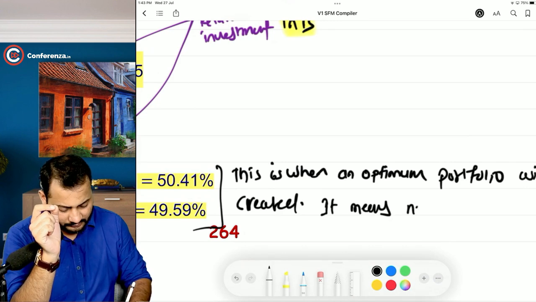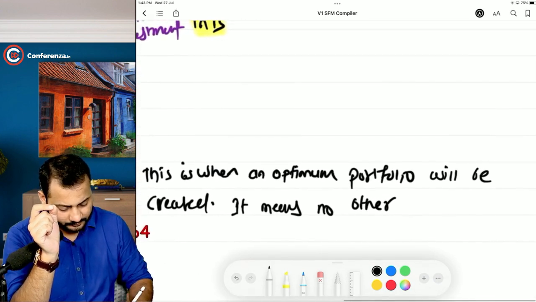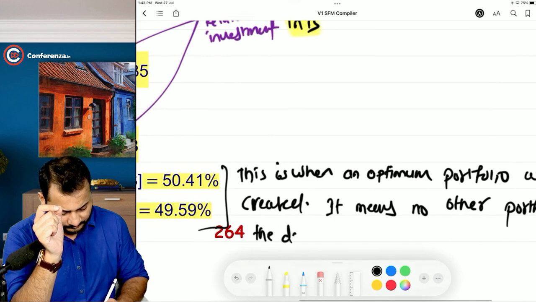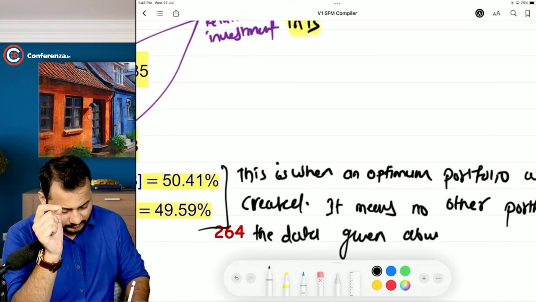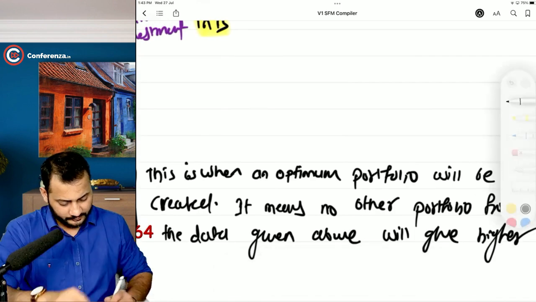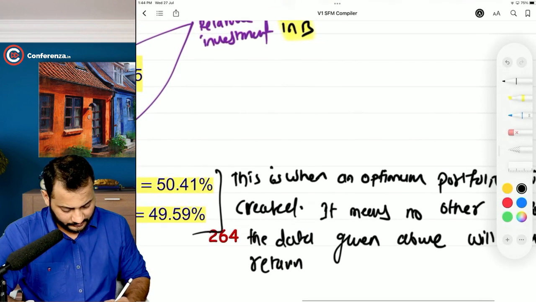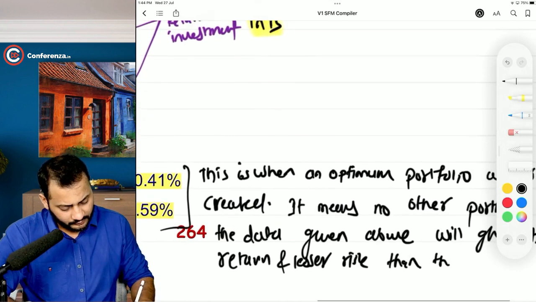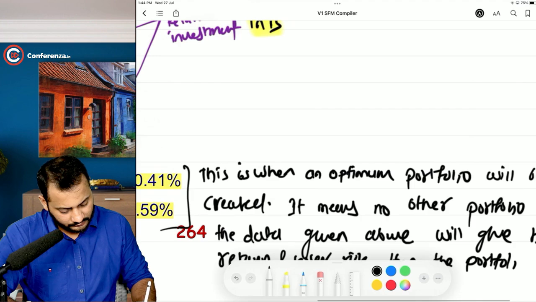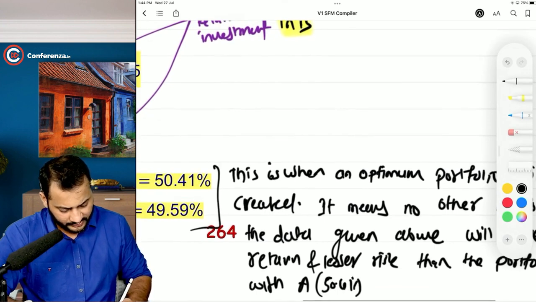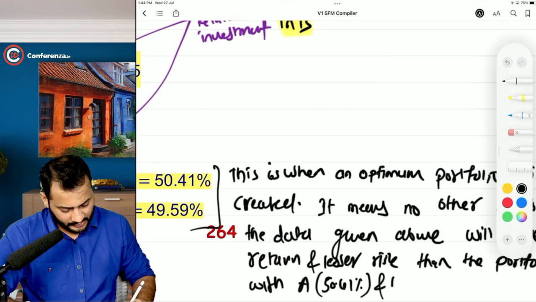It means no other portfolio from the data given above will give higher return and lesser risk than the portfolio with A having 50.41% and F 49.59%.